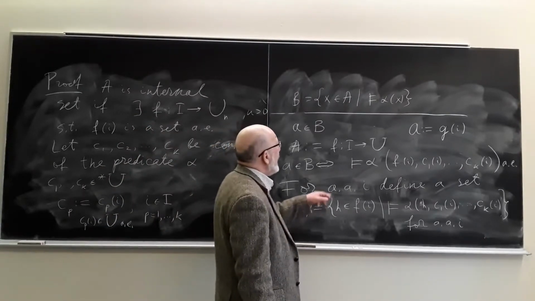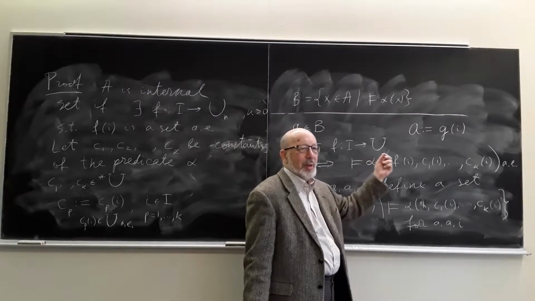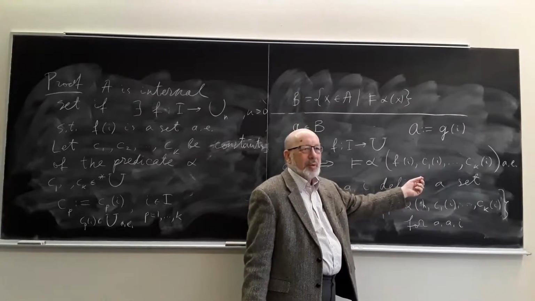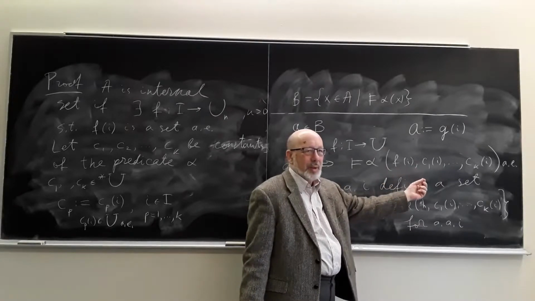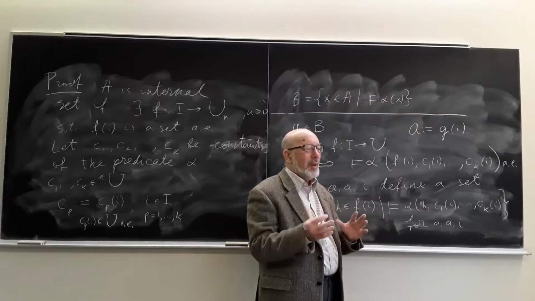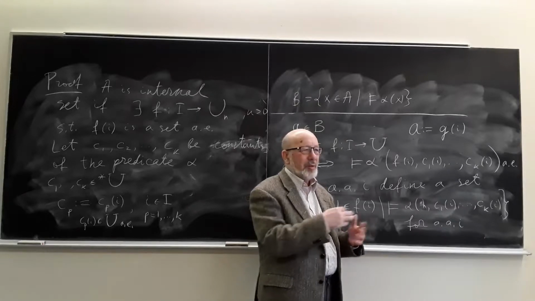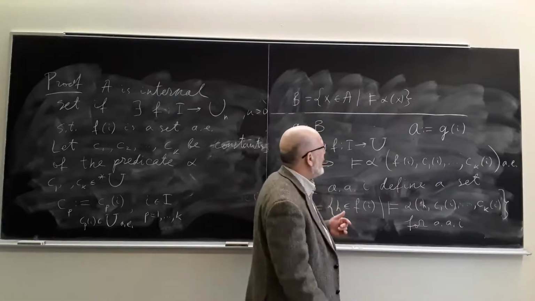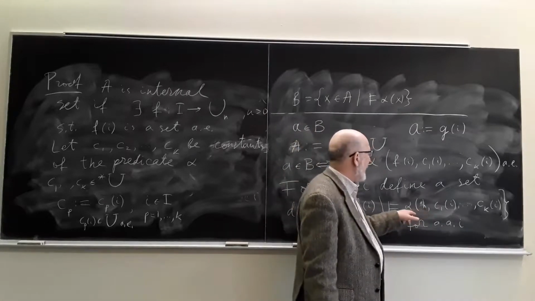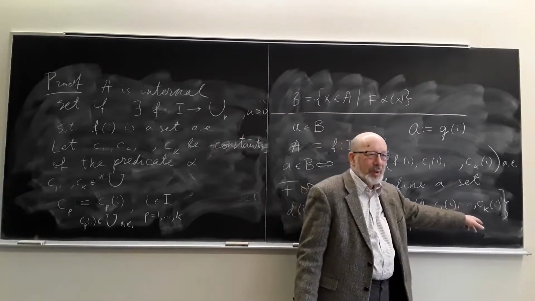So what does it mean? For each I, or almost each I, we have some values of these constants, C1 of I, and so on, Cn of I. And we have all possible elements of f of I, and let us take those such that they satisfy this condition alpha with these parameters.